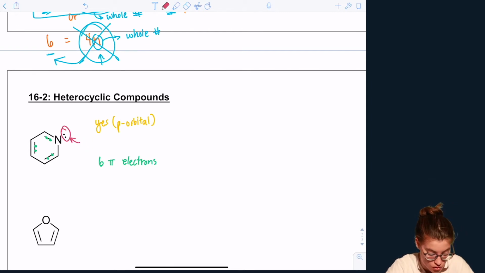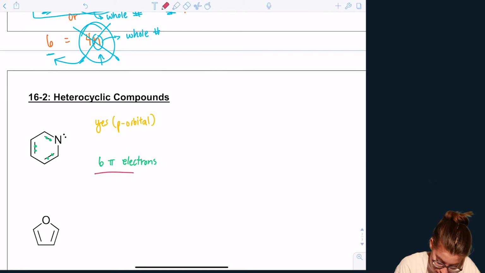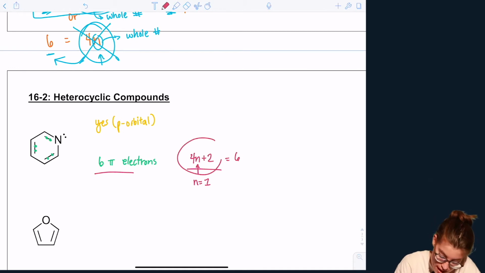So they are never going to be part of the electrons that I count for my pi electron total. Okay, so if I have 6 pi electrons, that means I use the 4n plus 2 rule, with the whole number 1 to get to 6. And whenever I use the 4n plus 2 rule, I know that my molecule is aromatic. So I can label this as aromatic.